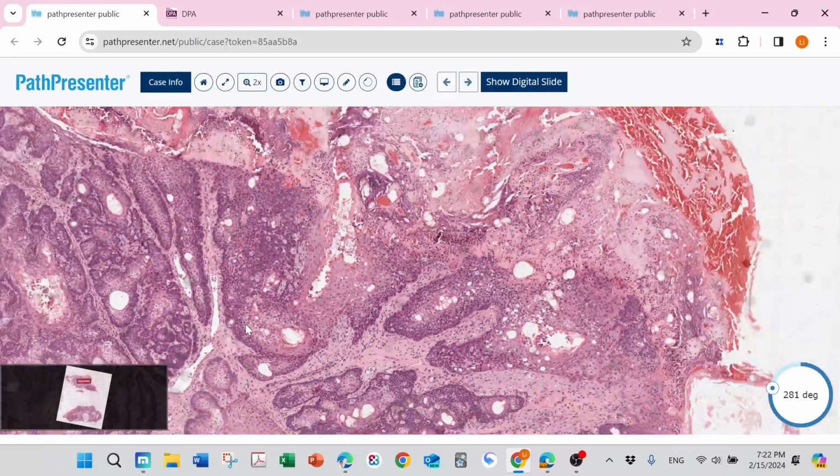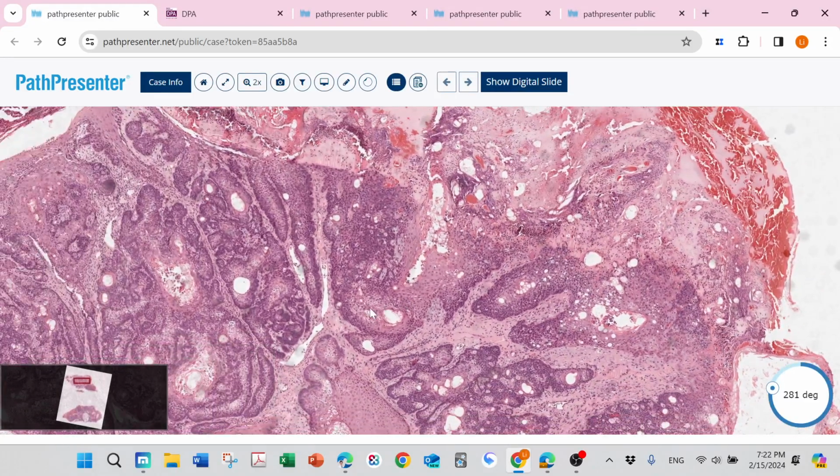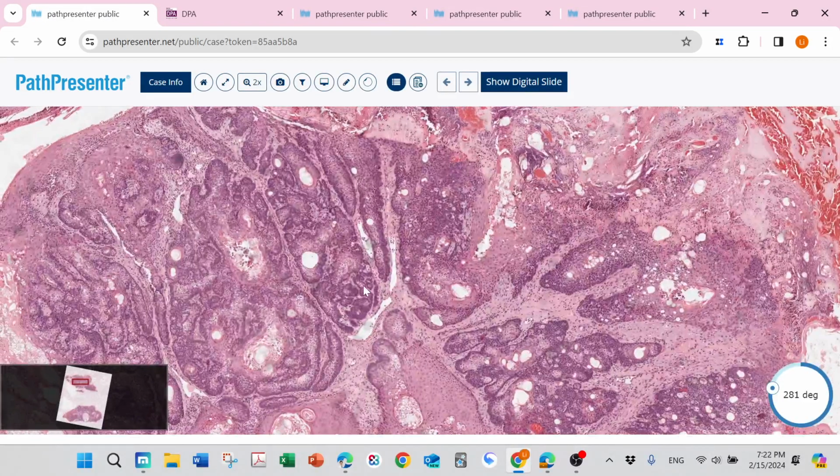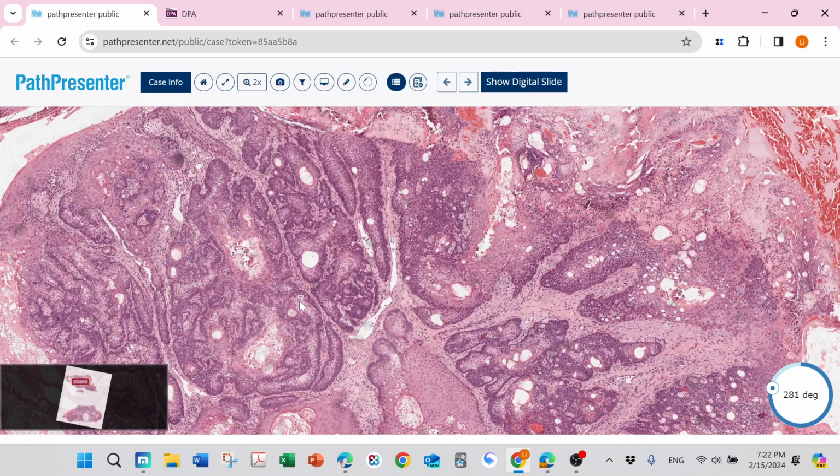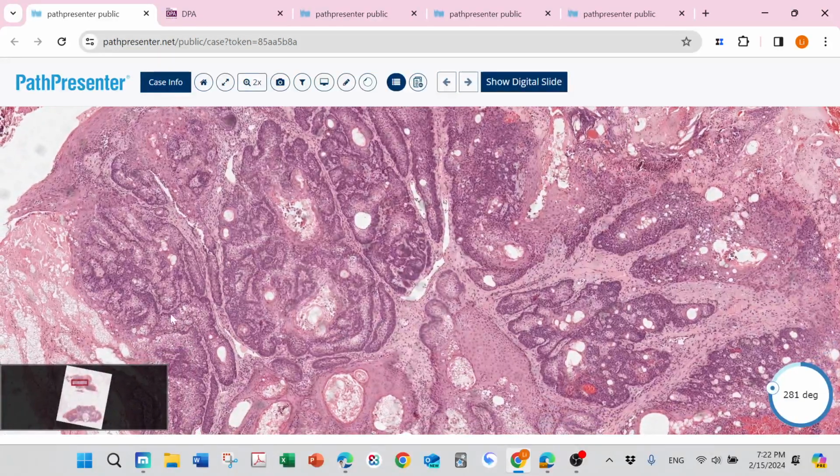And then when you call this sebaceous adenoma, that means you will have more than 50% of this clear, well-differentiated sebaceous cells. If we have more of this primitive germinative basaloid cell, more than 50%, we call that sebaceoma.